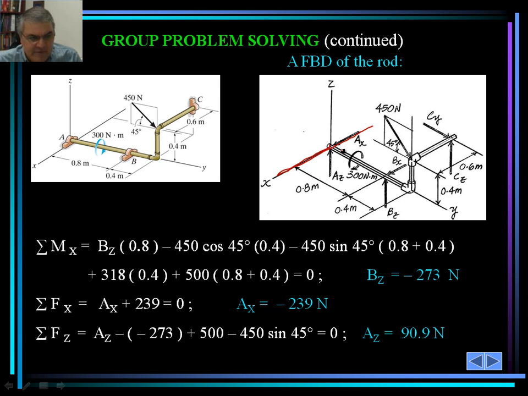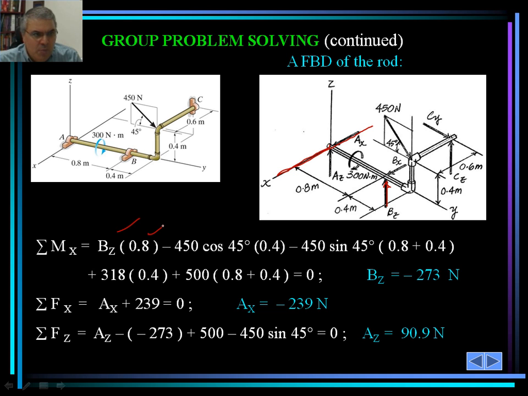A sub x and A sub y don't contribute to that equation. B sub z would contribute, because it's going to cause a rotation about the x-axis. So B sub z is right here, times the moment arm to point A.